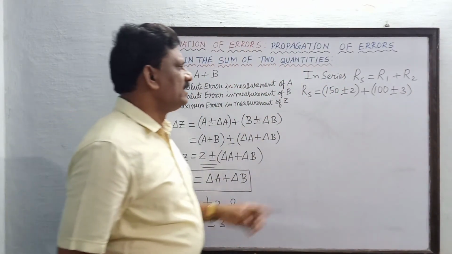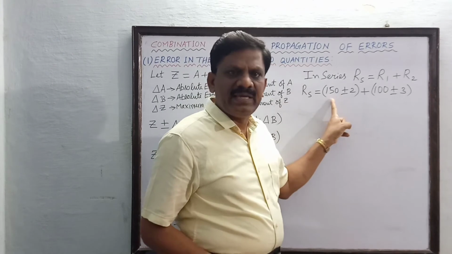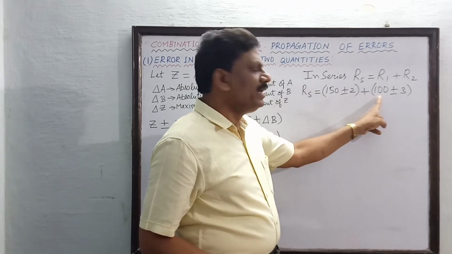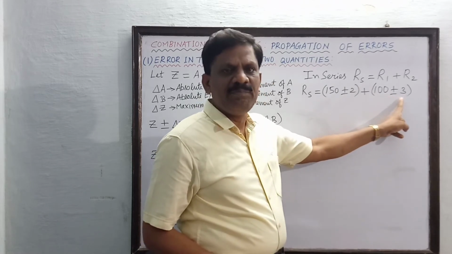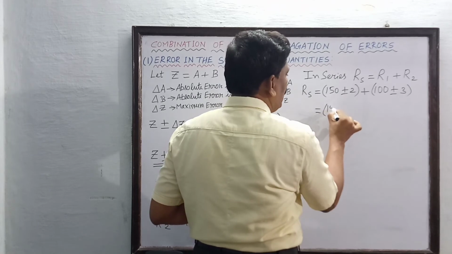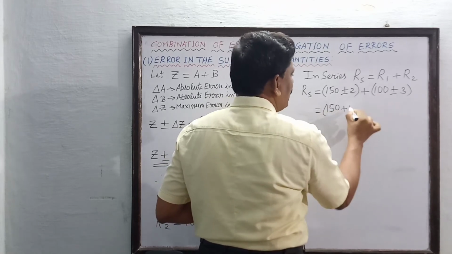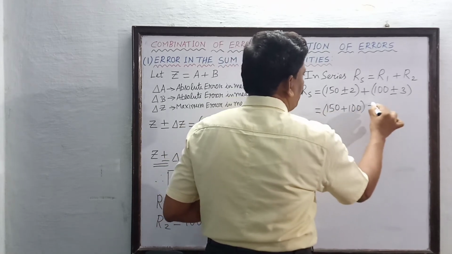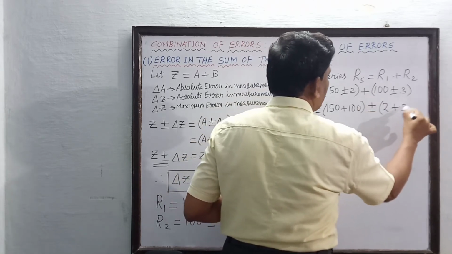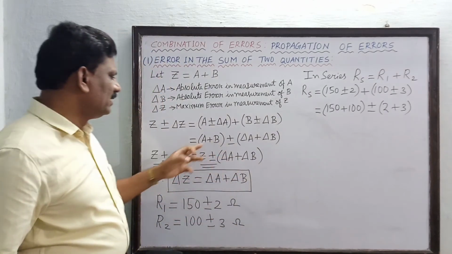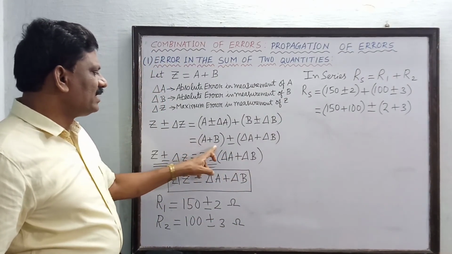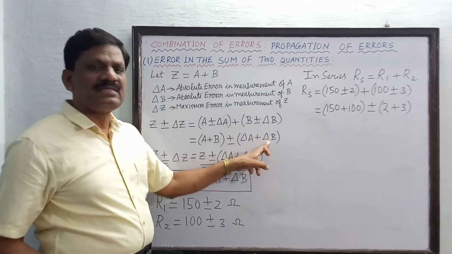Now this is like our quantity A plus or minus delta A plus B plus or minus delta B. So I am going to add A and B. So this is equal to 150 plus 100, then plus or minus 2 plus 3. You compare this with the previous equation: A plus B plus or minus (delta A plus delta B).